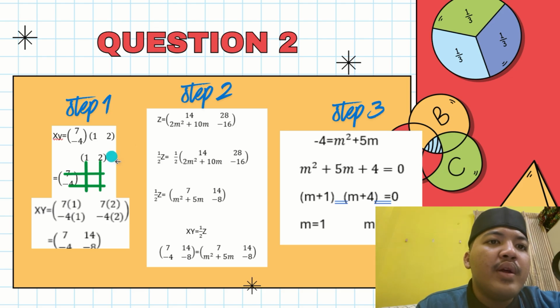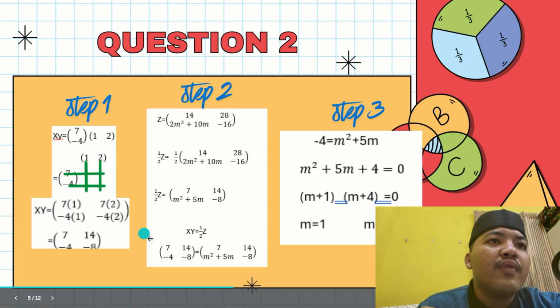When we multiply them, we obtain a 2 by 2 matrix. 7 multiplied by 1 gives 7. 7 multiplied by 2 gives 14. And then -4 multiplied by 1 gives -4. -4 multiplied by 2 gives -8.